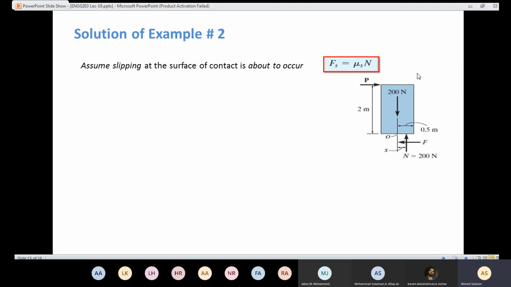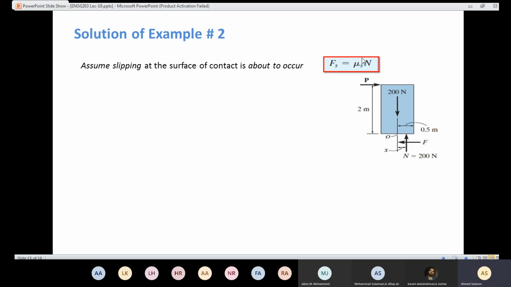If the box is about to slide, it means the value of F is the maximum static frictional force, the Fs. In that case, the value of F is going to be known for me, which is Fs, µs times N, the normal force.